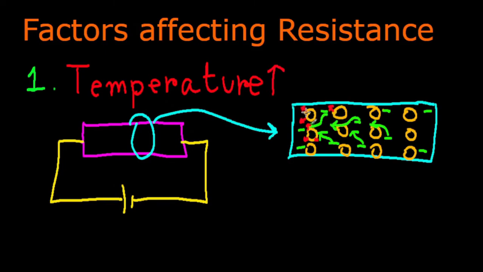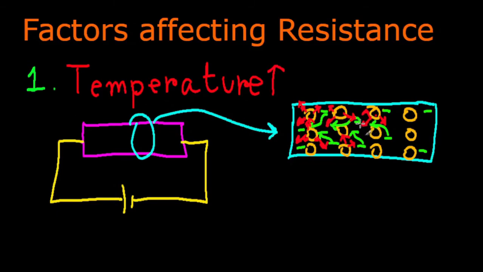What happens if you increase the temperature? Naturally, we know our kinetic theory: these ions are going to vibrate more, they're going to oscillate more. And what would happen if they vibrate more?